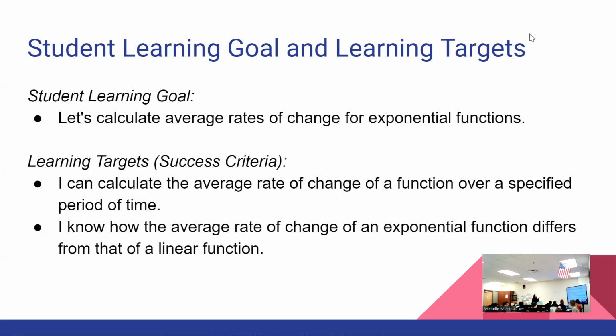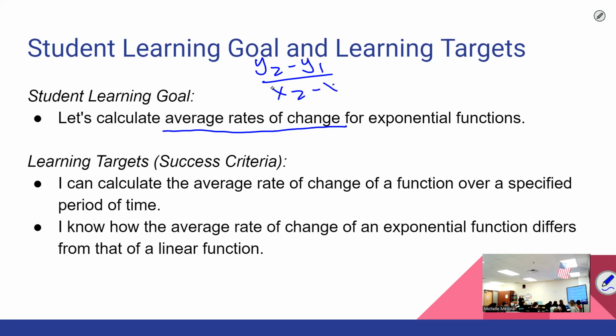So today we did average rate of change, which we've done before. When you hear that phrase, you should automatically think of a certain formula. What is the formula for average rate of change? Okay, great.